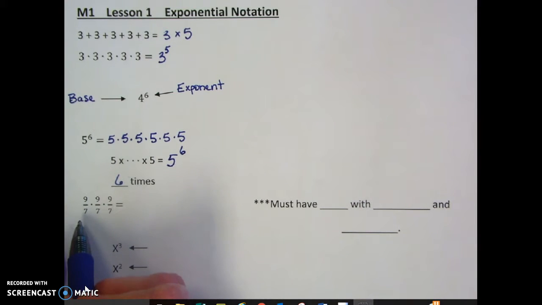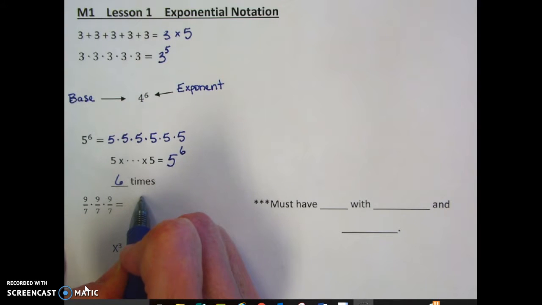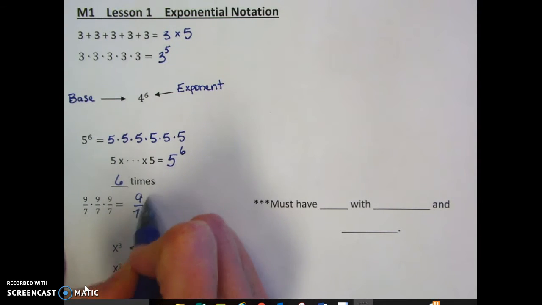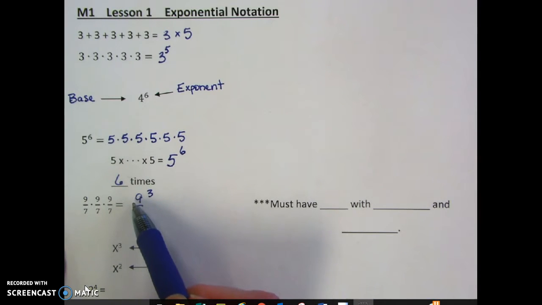9 over 7 times 9 over 7 times 9 over 7 is a fraction, so we have to be real careful here. When we're multiplying this, if I just write 9 over 7 to the 3rd power, that appears to be just the 9 cubed. You can't write it like that.